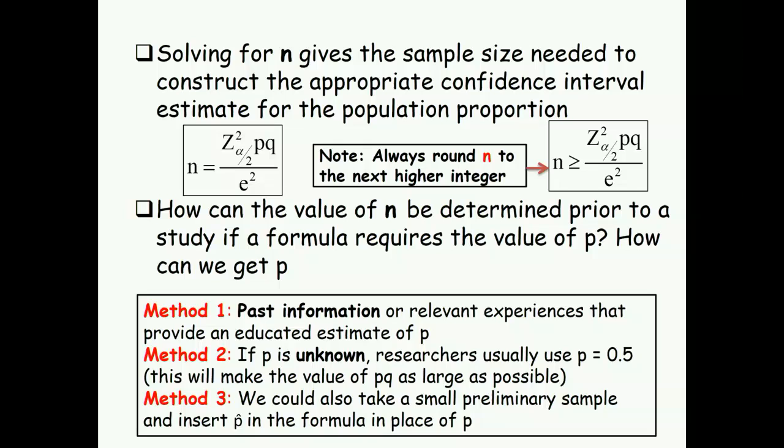The maximum, because if we make this one maximum, this N would be also higher. So we are taking 0.5, which is the highest that we could put, because 0.5 times 0.5 is 0.25. If we put P 0.9, Q would be 0.1. When you multiply it, then it would be 0.09. So that is the second option.